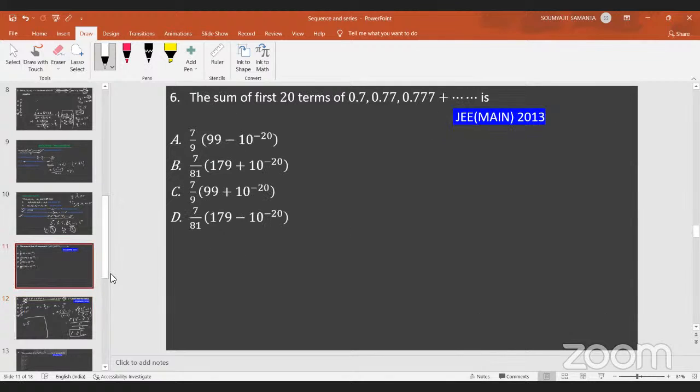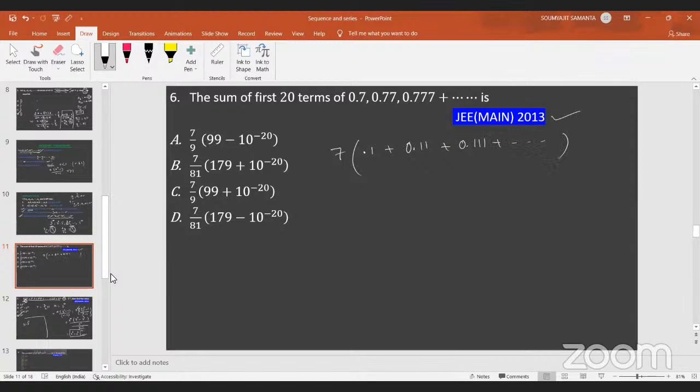Now see this problem. This type of problem we should solve because they have asked it once in 2013. For this kind of problem, what we need to do? First, we will take 7 out from this. So we will get 0.1 plus 0.11 plus 0.111 plus and so on.